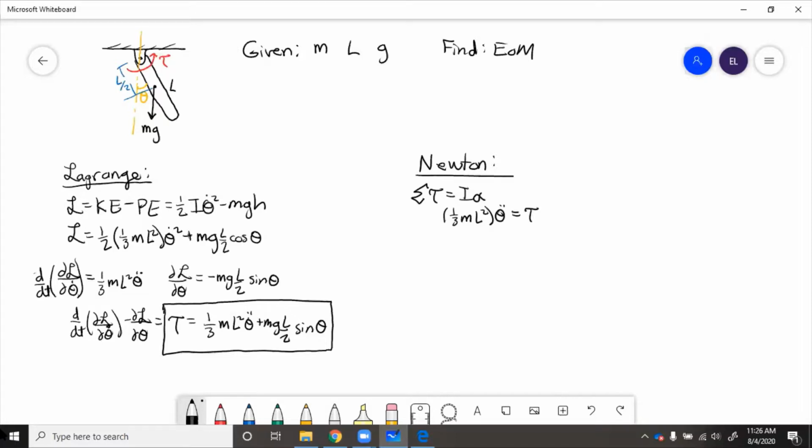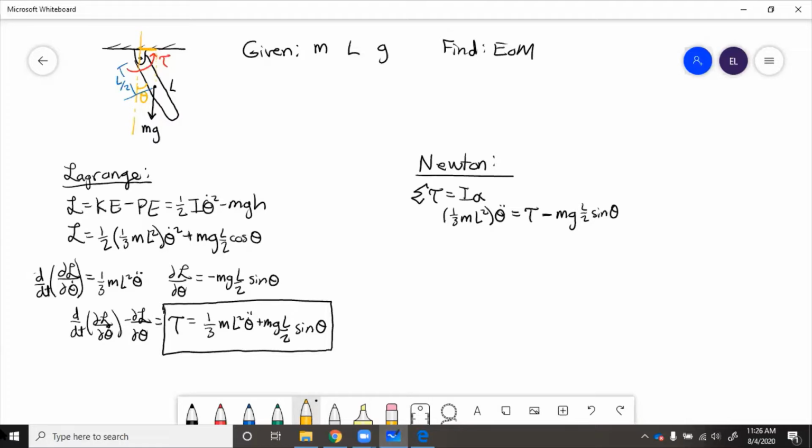It's trying to make it go counterclockwise, and then we'll have the weight trying to pull it clockwise, so that's mg, and its distance is L over 2 sine theta, because the distance there is this part.